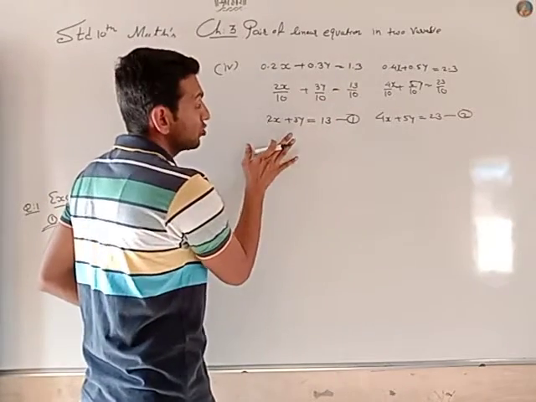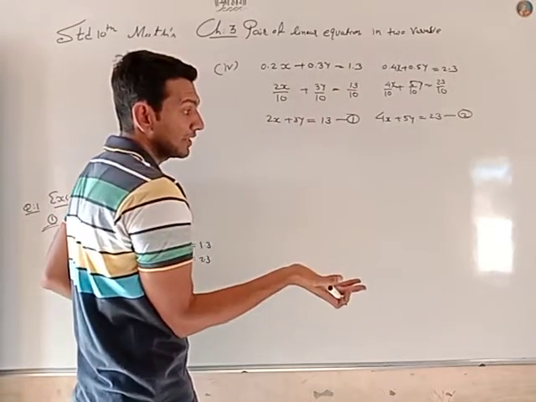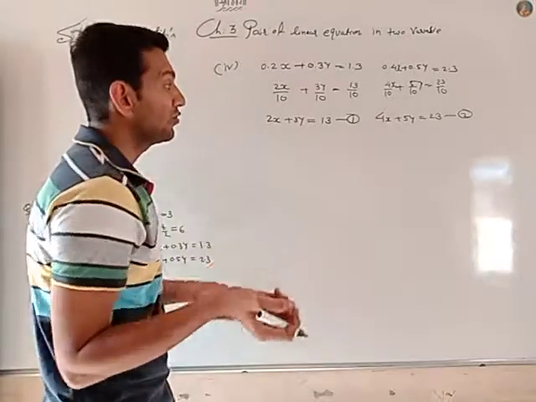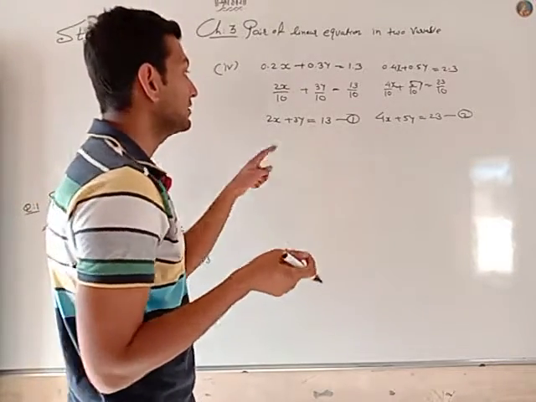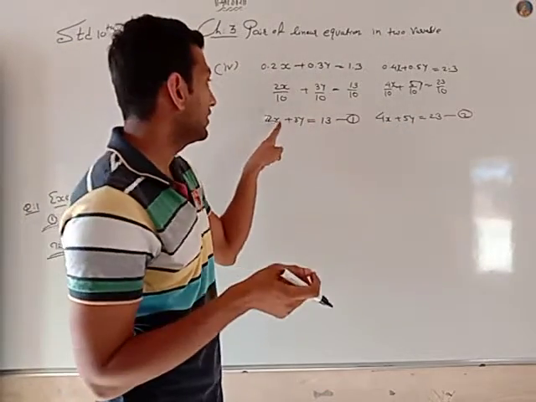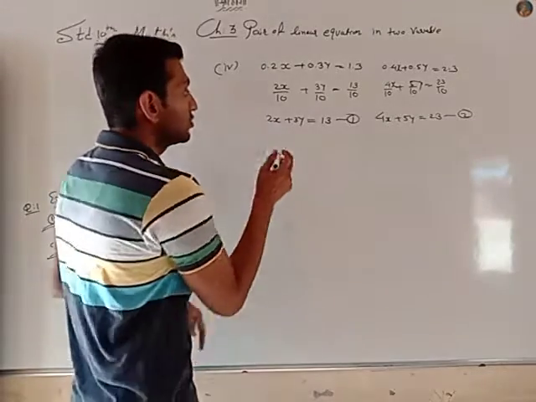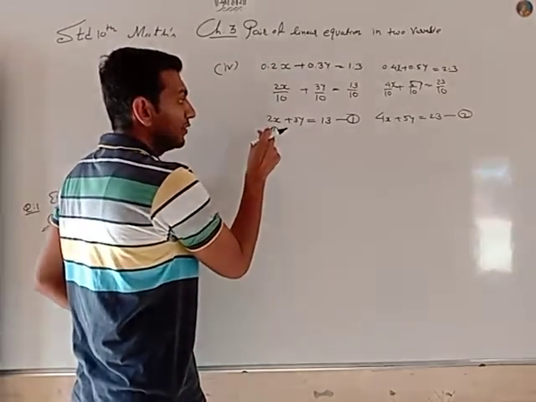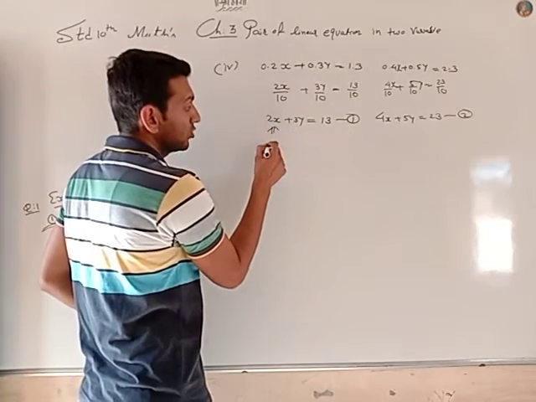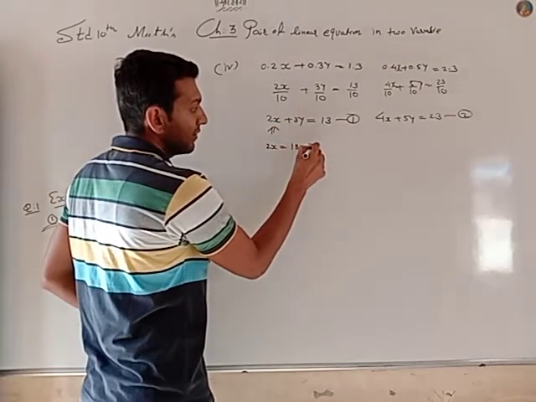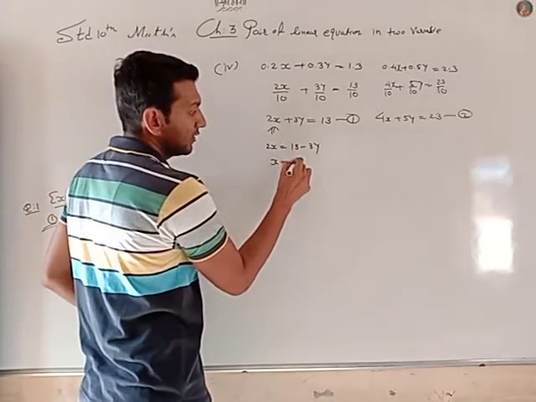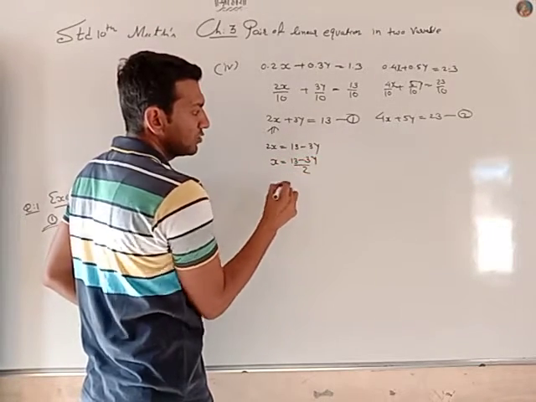Now I want to solve these two equations by the substitution method. So I want to find the value of any one variable. Four options are there, but the simplest one with the smallest coefficient is here. So I will find the value of x in the first equation. So 2x is equal to 13 minus 3y. X is equal to (13 minus 3y) by 2.